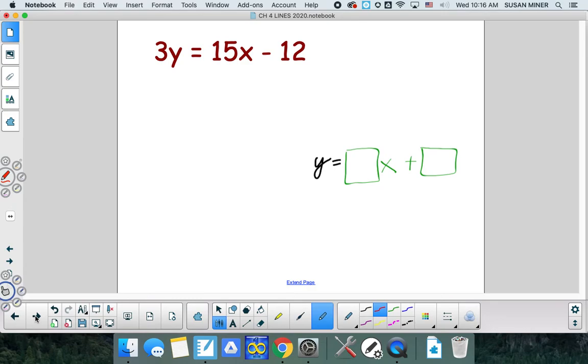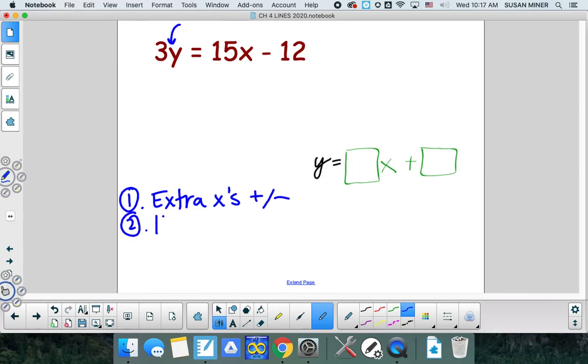Let's do another one. Okay, 3y equals 15x minus 12. I want y alone, and so I'm really just focused on this y. Remember, my steps are: if I have any extra variables, I get rid of those first. I call them my extra x's, but it could be any other letter that I'm not interested in. And I use add or subtract to do that.